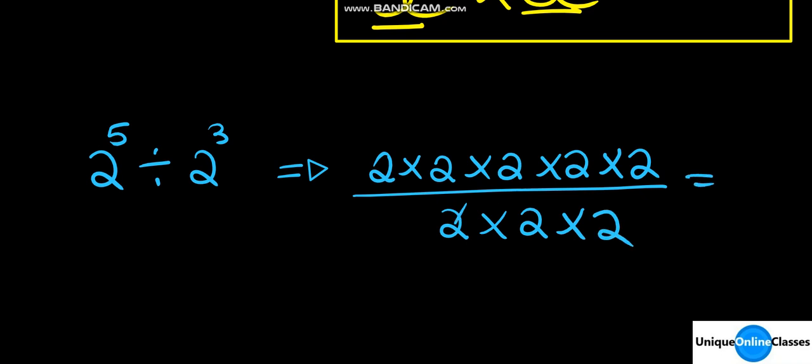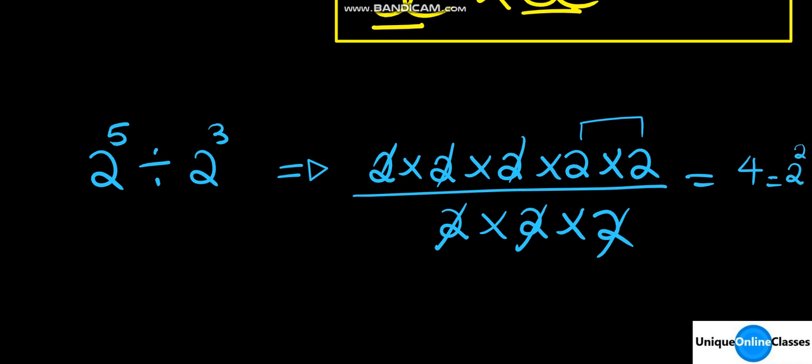Now this 2 and this 2 will cancel, this 2 and this 2 will cancel, this 2 and this 2 will cancel, remaining with 2 times 2. So 2 times 2 is 4. Over 1, it's already 4. If we write that in base 2, it is 2 power 2.